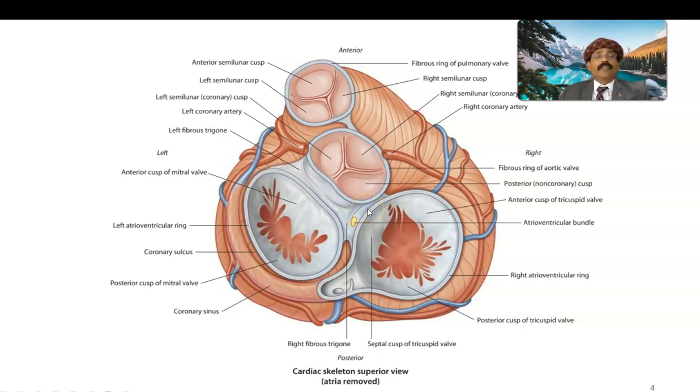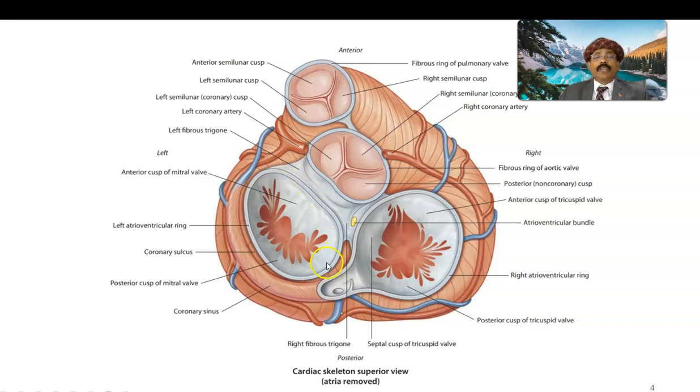This is the other trigone. The right trigone area is here, and this is the conduction system of the heart. The right trigone includes this triangular area. The left trigone area comprises this triangular area.